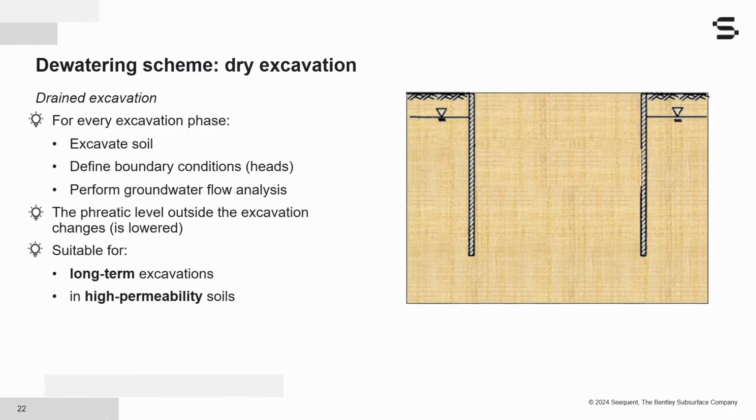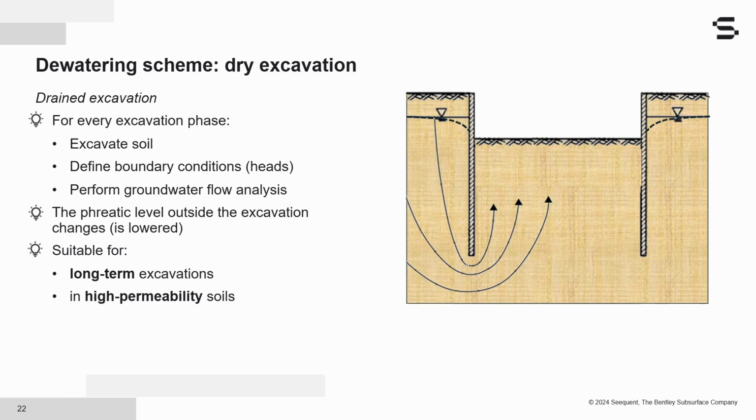On the other hand, we can do a drained excavation, and for a drained excavation, what we do is that we excavate the soil, and again, this is an ideal case where we are also going to do a long-term excavation, and we also have highly permeable soils. So we excavate the soil here, and then we define the boundary conditions.